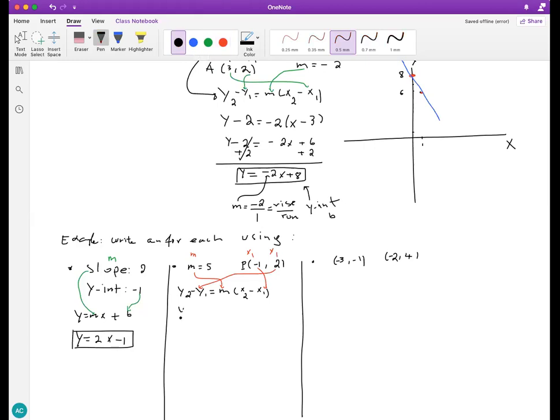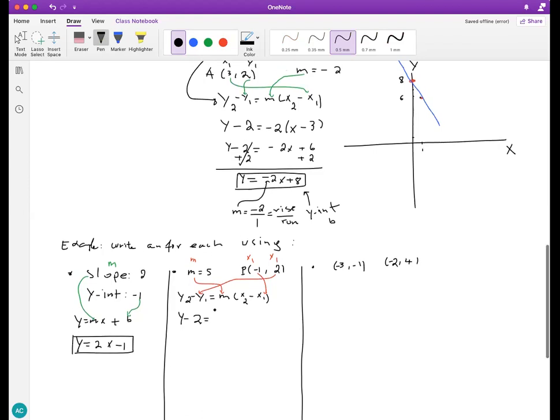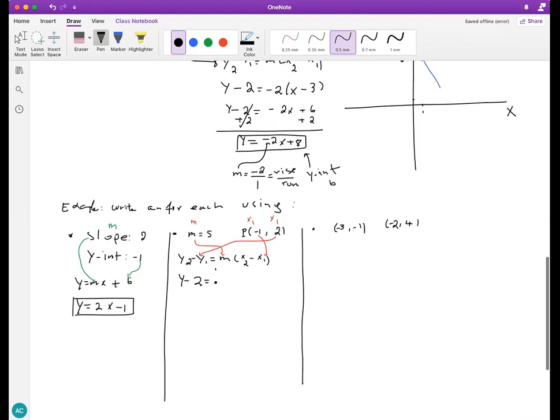So it will be y minus y1. So here, be careful. Y1 is 2, equals m, again, which is 5, times x2, or just x, minus x1.